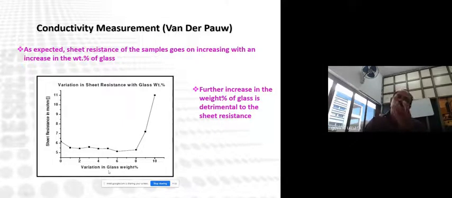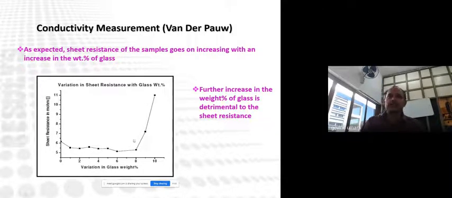That's why the particle size grows from 200 to 300 nanometer to some 4 to 5 micron, and as a result there is good particle to particle joining, resulting in better electrical resistance.